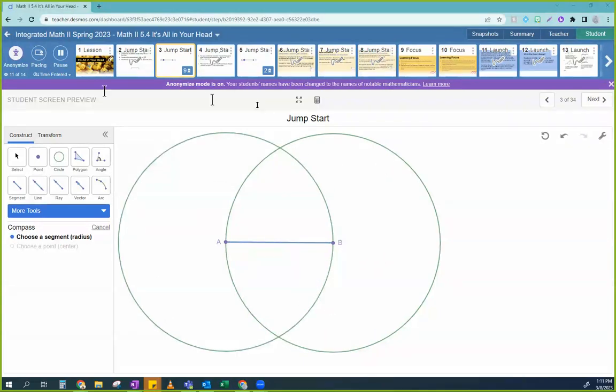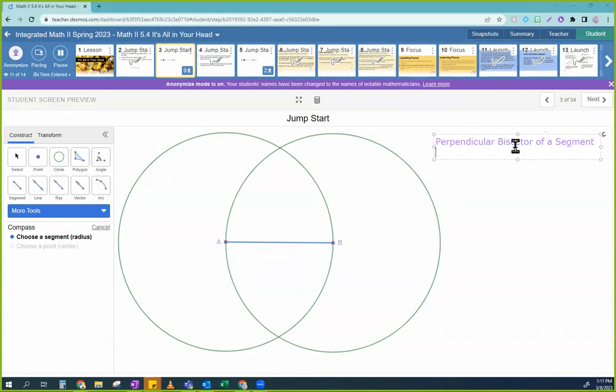So we are going to be constructing what's called the perpendicular bisector of a segment. Clearly our segment is going to be AB. So perpendicular means what? What does perpendicular mean?